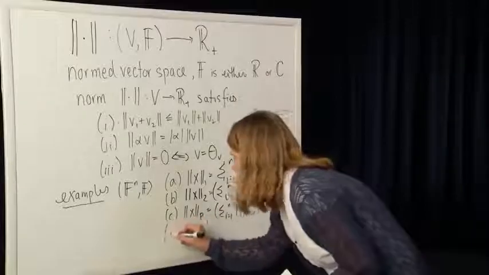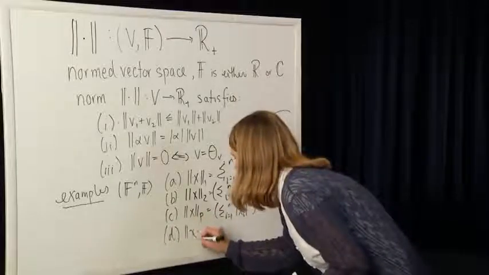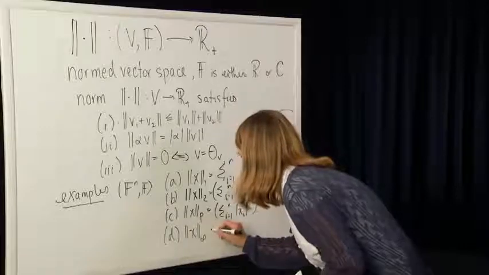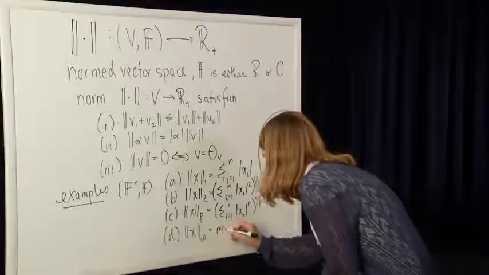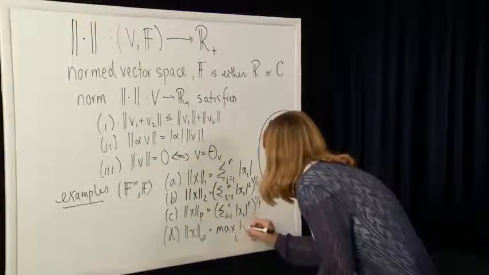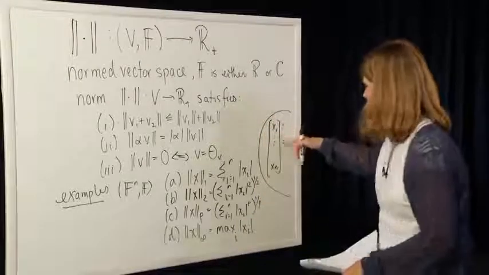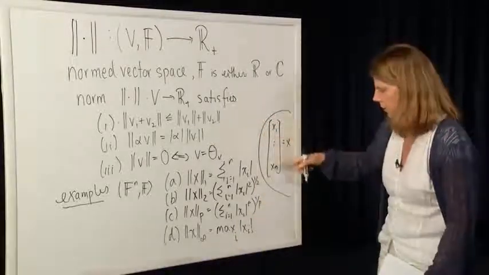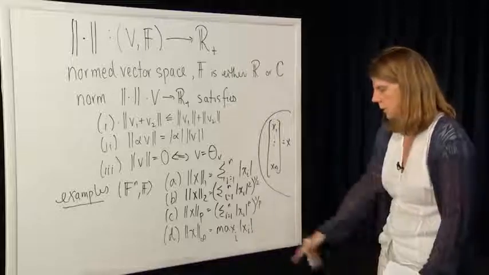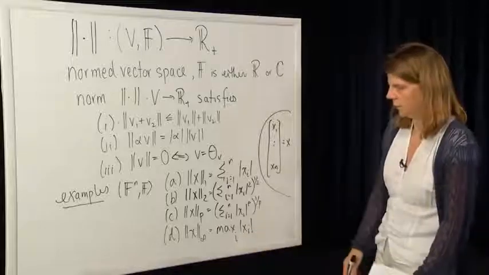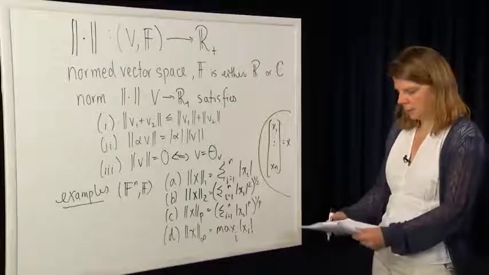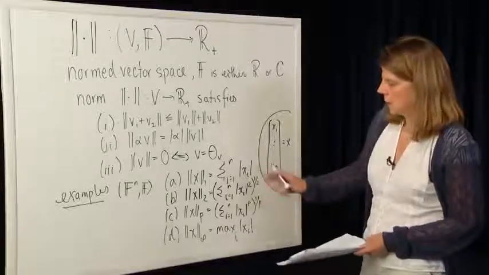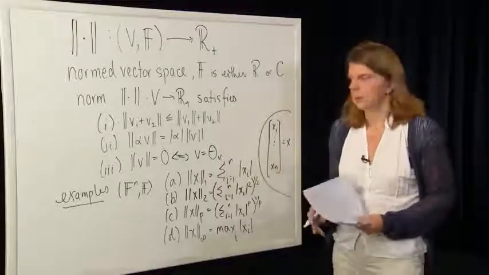And then finally, we often use the infinity norm, and that's just the max absolute value. So you look at all of the elements, you take the absolute value of all of the elements and choose the largest one there. So the max over i equals 1 to n of the absolute value of xi. Okay, so these are standard norms that we use all the time in Rn.